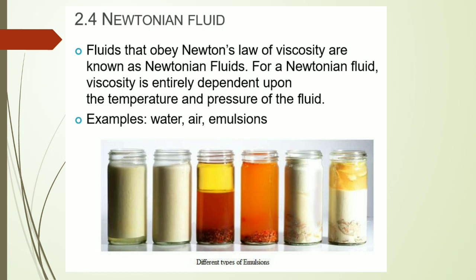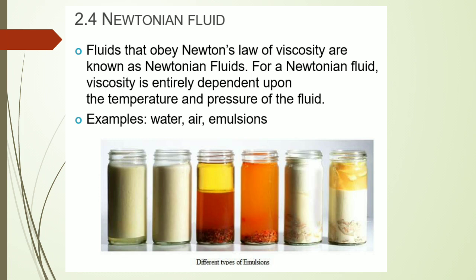So for a Newtonian fluid, viscosity entirely depends upon what? The temperature and pressure of the fluid here. Examples like water, air, emulsions. These are called Newtonian fluids here. Your blood also comes under Newtonian fluid here.